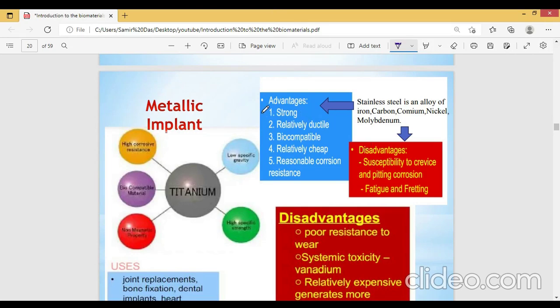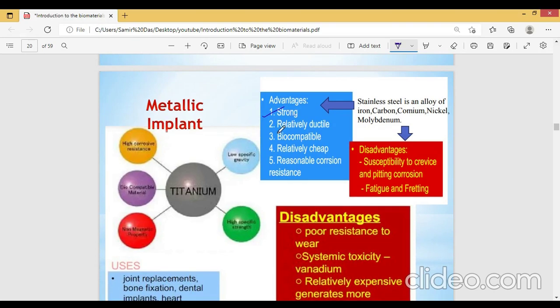As I showed previously, they have high Young's modulus, so they have high strength and are strong in nature. They can be used easily in load bearing applications, and they are relatively ductile, biocompatible, as well as corrosion resistant. They have high corrosion resistance properties, and they are also relatively cheap.